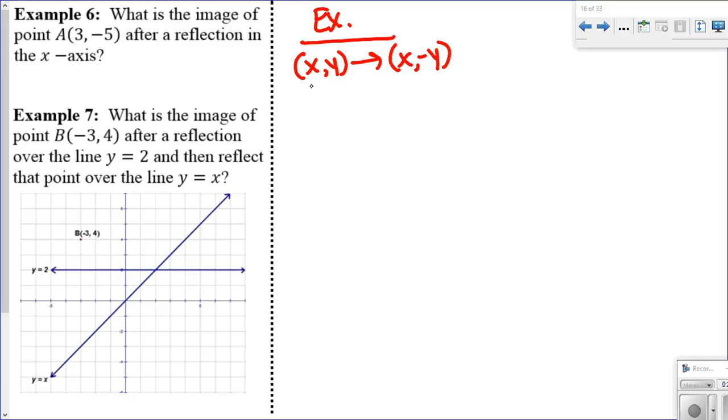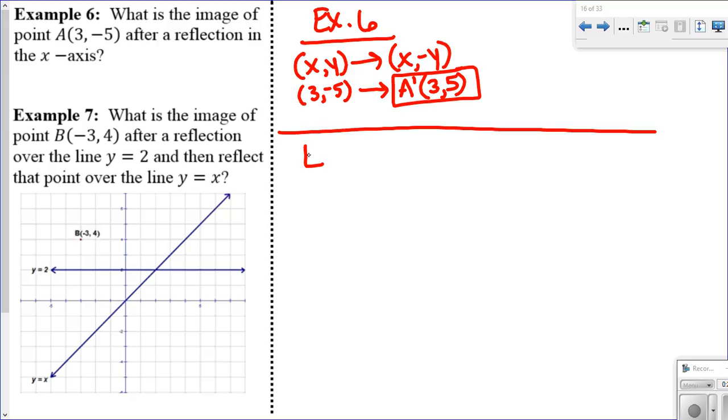So if I plug in A, which was at (3, -5), what would A prime have? (3, 5). So that would be your answer. Because when you're reflecting over the x-axis, the x stays the same. It's the y that's changing to its opposite.